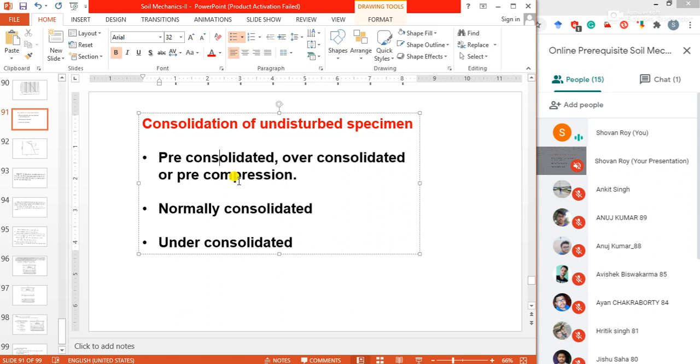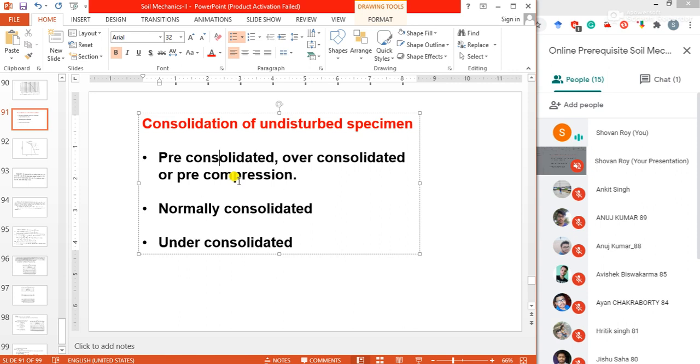Clay is such a type of soil which has already experienced the maximum overburden pressure, lots of load in its tenure. So that's why we can say clay is a pre-consolidated soil, normally pre-consolidated soil.